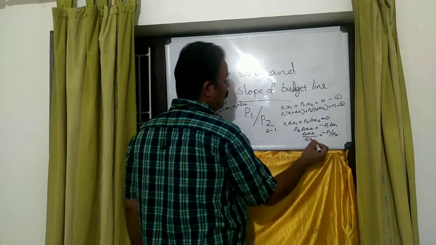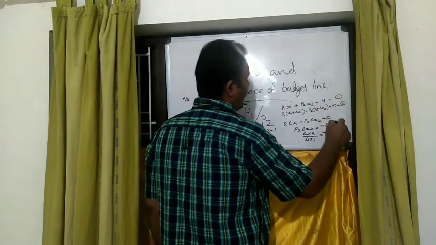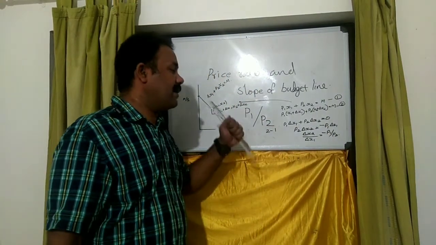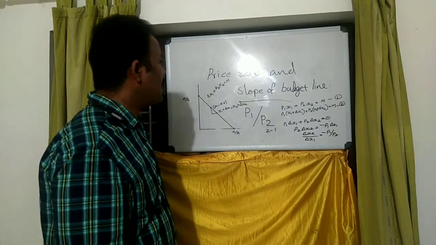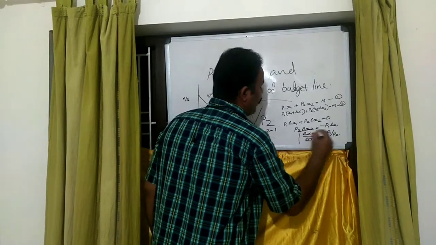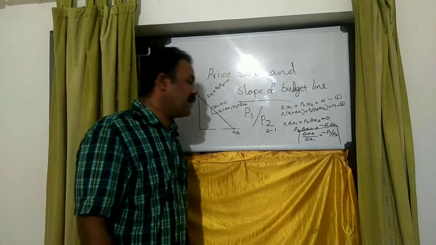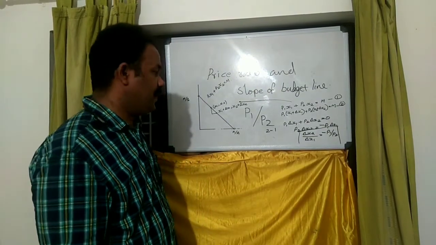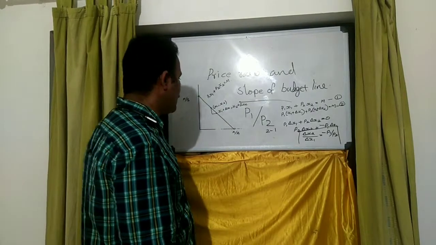Delta x2 by delta x1 or minus P1 by P2. Okay, like this we can derive the slope of the budget line. Then the expression for the slope of the budget line is delta x2 by delta x1 or minus P1 by P2. The price ratio is known as the slope of the budget line.